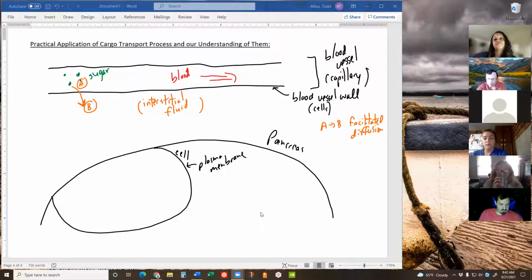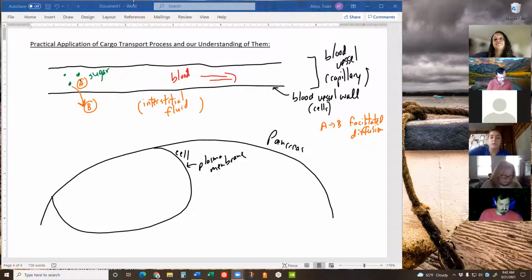In this case, it's facilitated diffusion because glucose is a relatively small molecule, so you're not going to use vesicular transport for this. Can anybody tell me, well, let me put this into the chat window. When I say sugar, there's lots of sugar, but what we're really talking about at this moment is glucose.